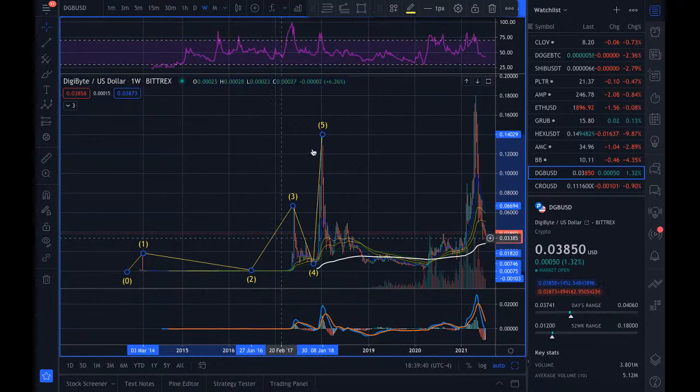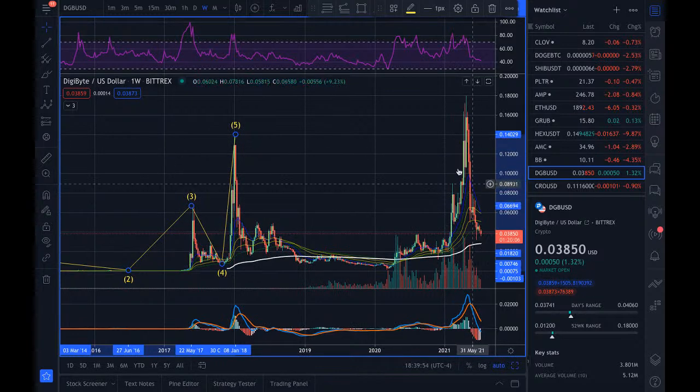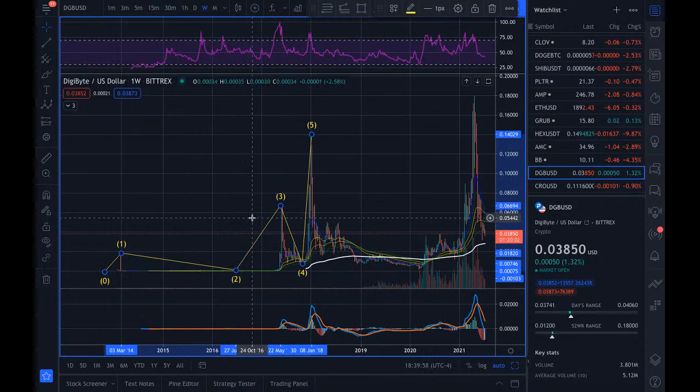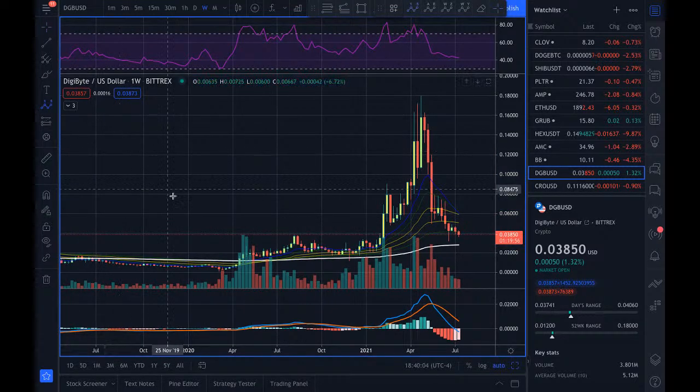Then we had a long correction for 3 years. Then it finally started going up again. It made a new high, but it came down and it's overlapping with this previous wave, which is strange. And I see another 5 waves up right here.